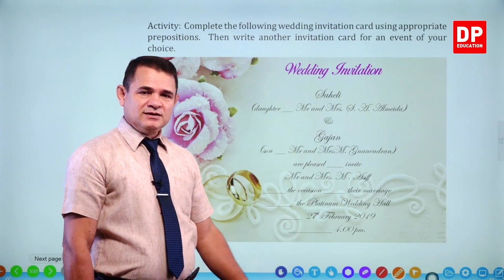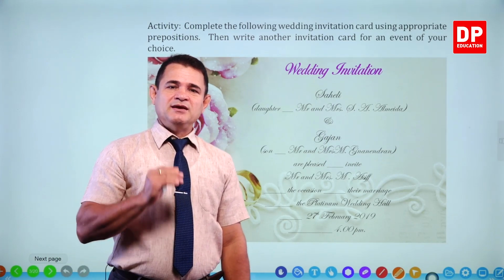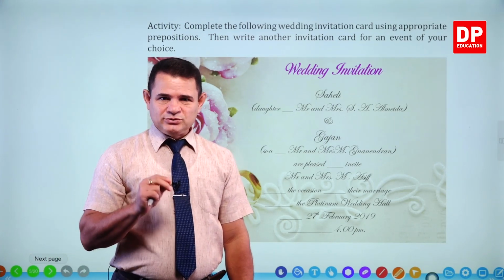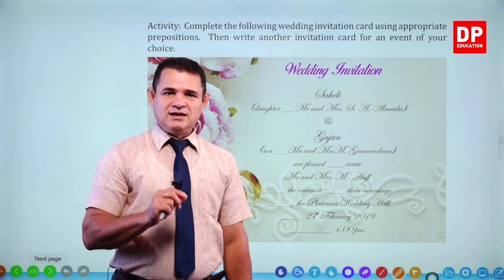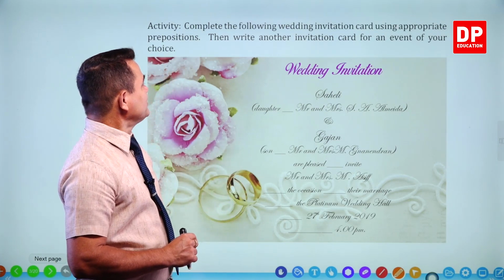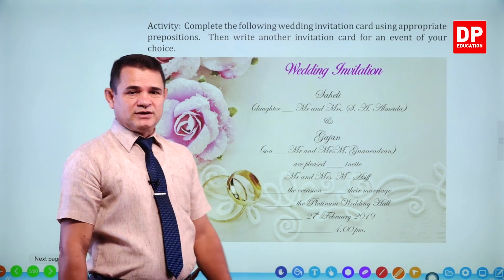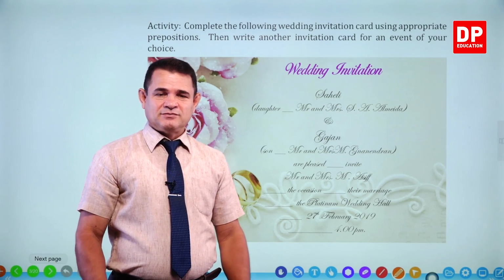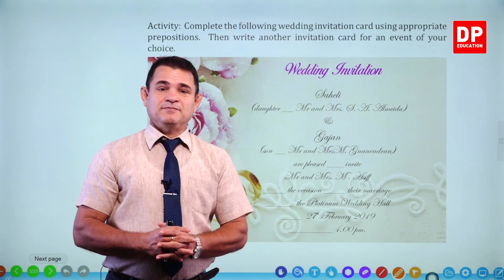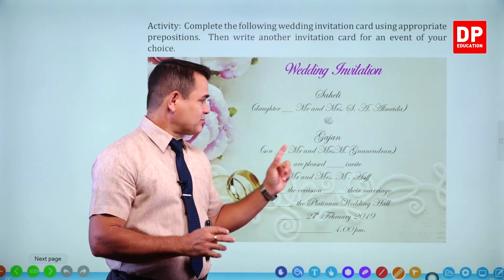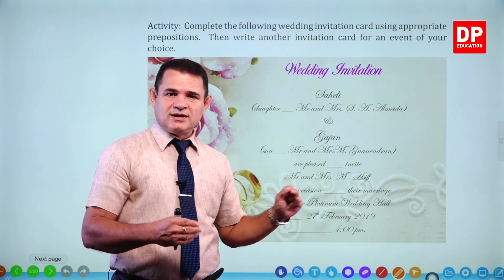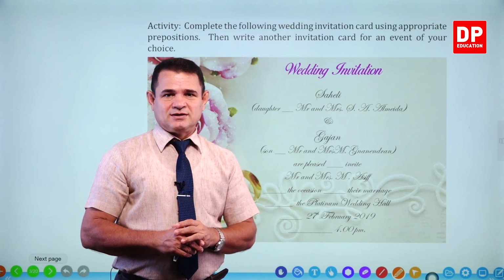Use suitable prepositions to complete these. Then write another invitation card for an event of your choice. It can be a wedding or something else. You write an invitation card for that.